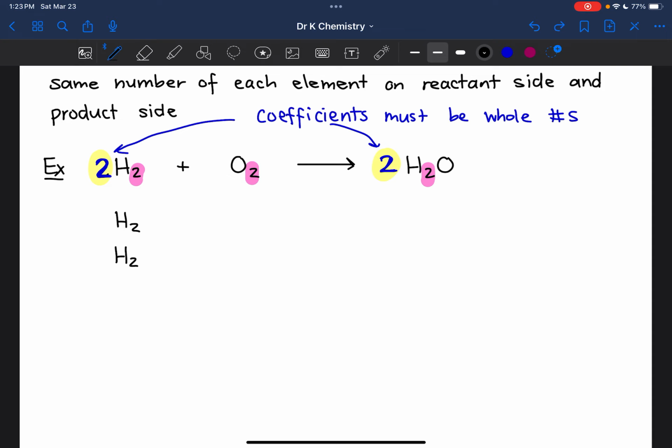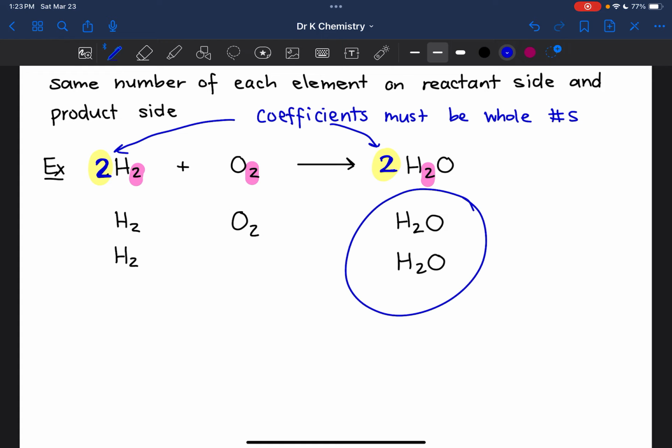That means that we have 1 oxygen molecule. On the right-hand side, we're multiplying the entire water molecule by 2, which means that we are producing 2 water molecules. So that's what these coefficients mean. We're reacting 2 hydrogens with 1 oxygen to produce 2 water molecules.